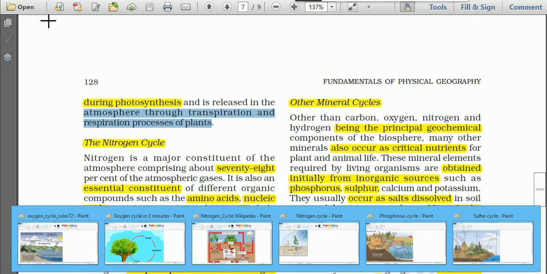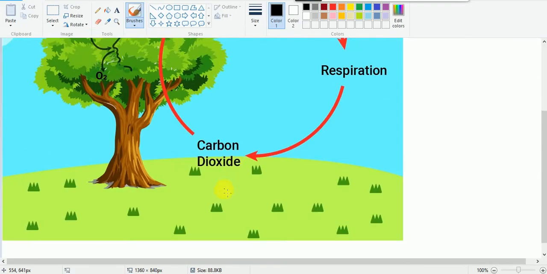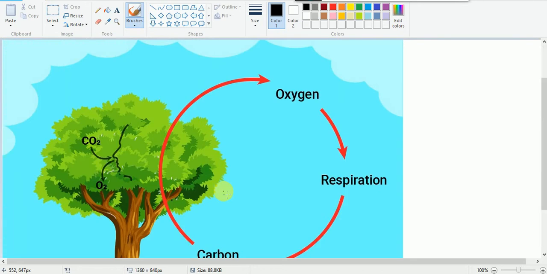And here we have a very simple diagram showing this oxygen cycle. See, here we have a plant, a tree, and during the photosynthesis process, carbon dioxide is taken in by the plants, and oxygen is released as given here.